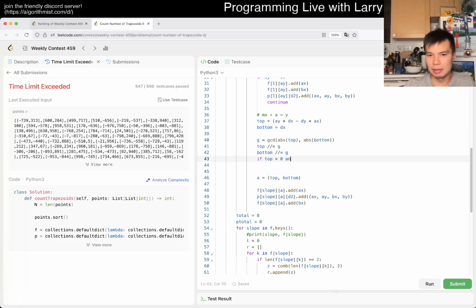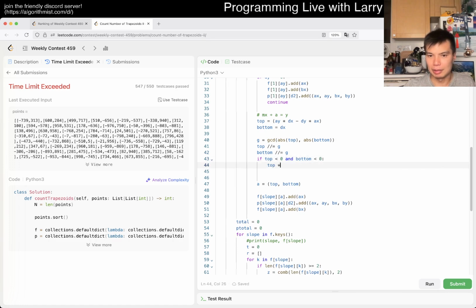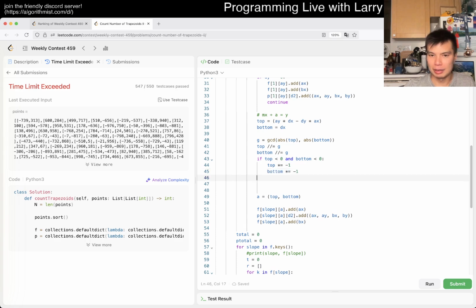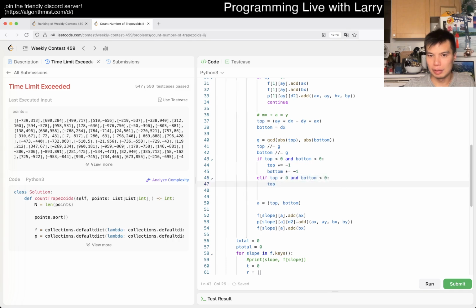So that's fine maybe. We have manual fractions. Let's keep it in the bottom, right? So top is going to 0. And because bottom is dx and dx cannot be 0, that should be fine, I think.